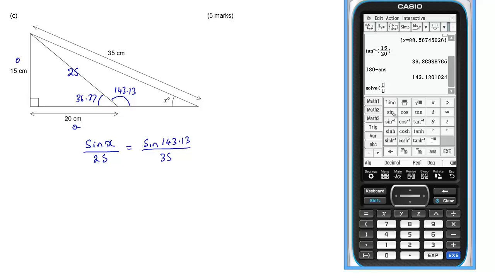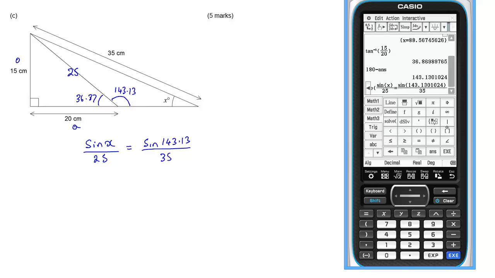And we're going to put up there sine of x. And underneath 25. And that's going to be equal to second fraction. So we're going to put the sine of this answer here over 35.